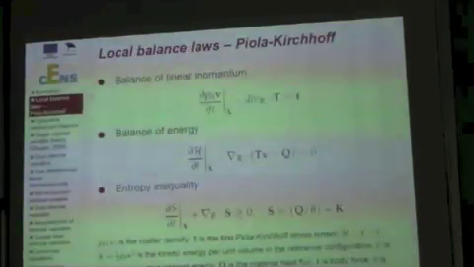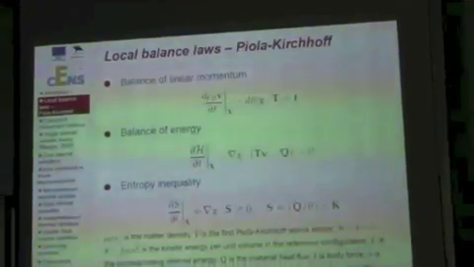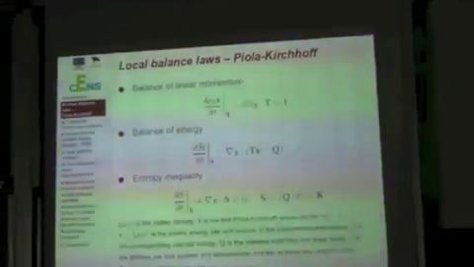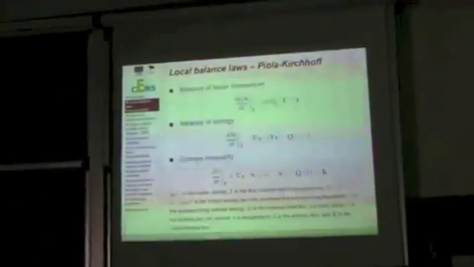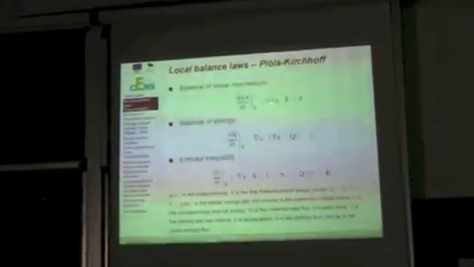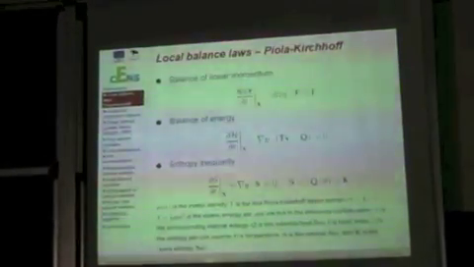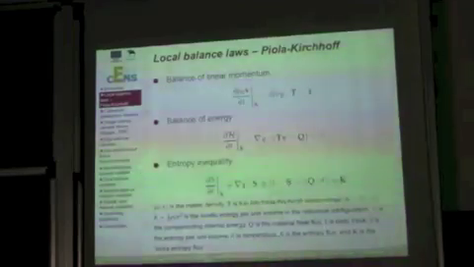So I start with the Piola-Kirchhoff formulation of continuum mechanics. It is the standard one, and I take this slide only for the notation. This is the Piola-Kirchhoff first stress tensor.